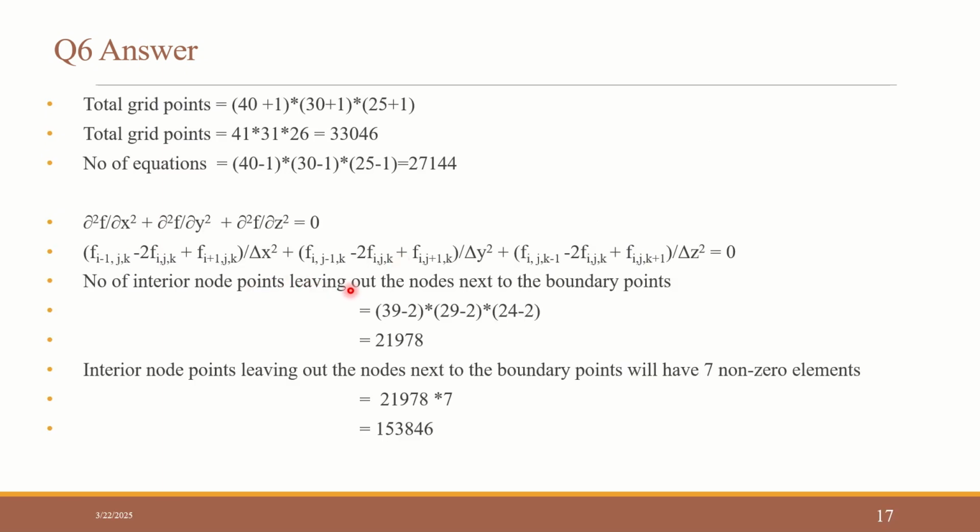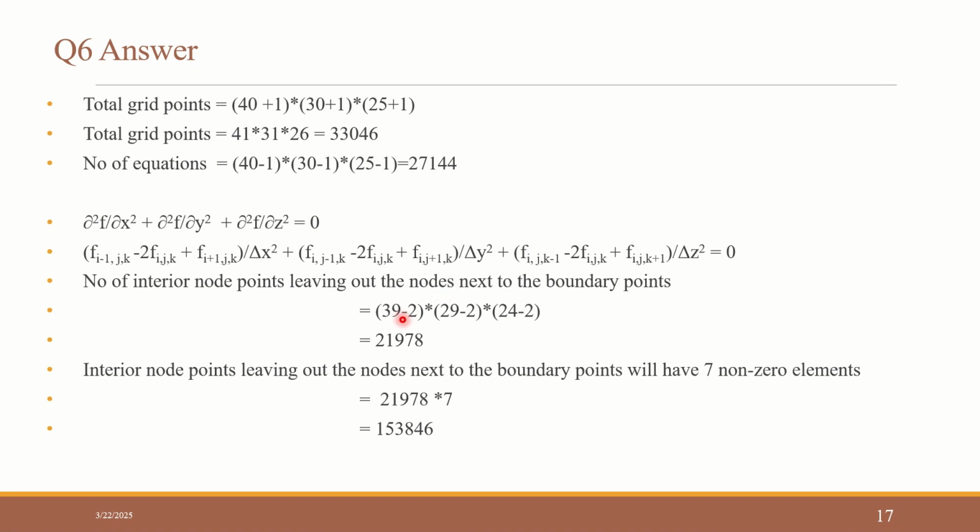number of interior node points is 39 minus 2, that is 39 is the number of, we are just leaving out the nodes next to the boundary points as well, and we are taking only the innermost boundaries.